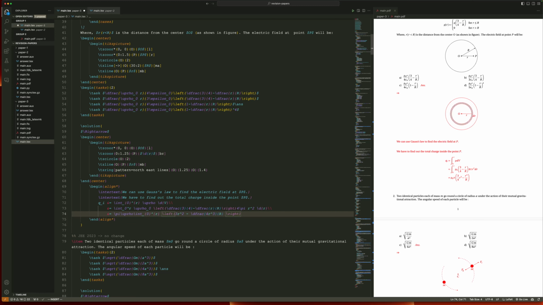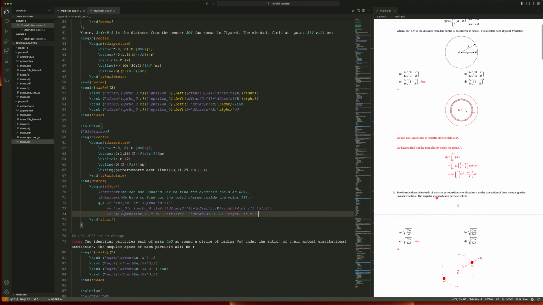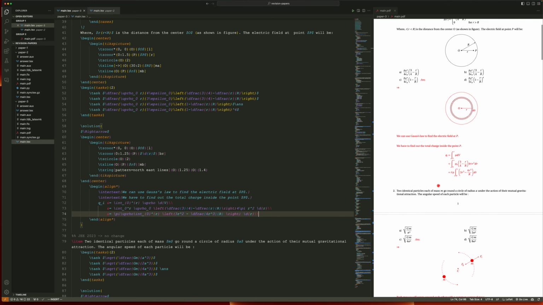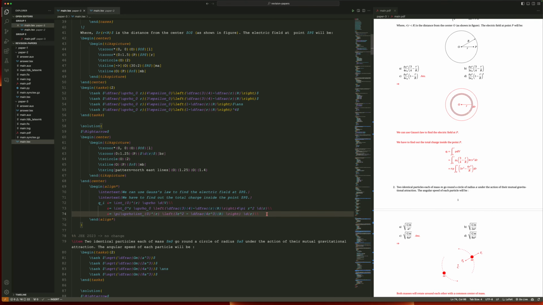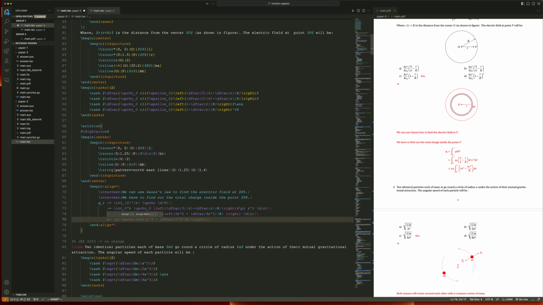And then we can use the dr part. So let's run it first. Yeah, this is correct. We did right, and then after we can integrate in the next line.